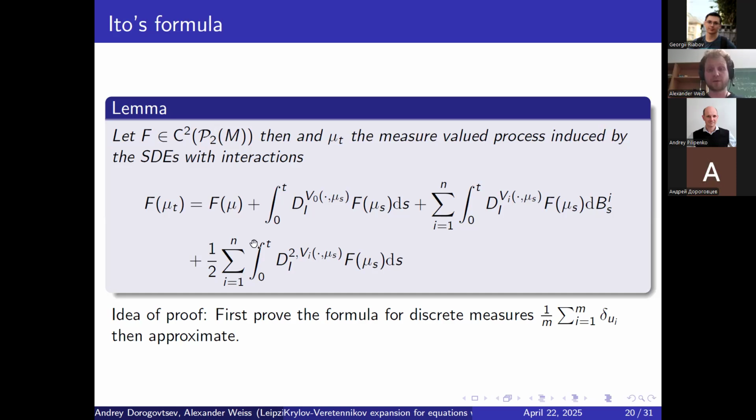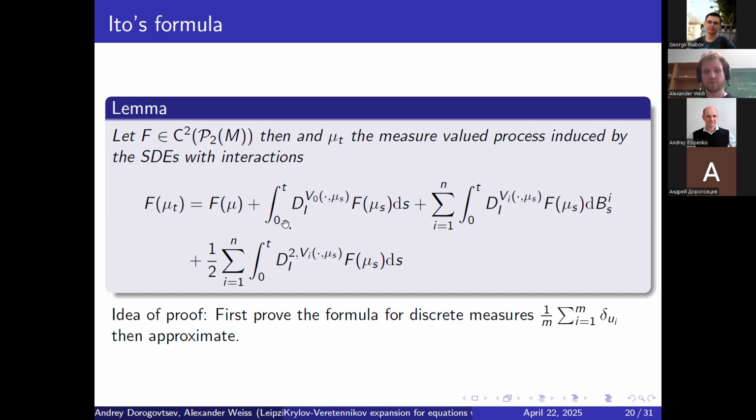Then we have the following Ito formula, which would be f of mu, plus the intrinsic derivative in direction v0. Because our vector fields also depend on the measure, we have up here also a measure component in the vector field.